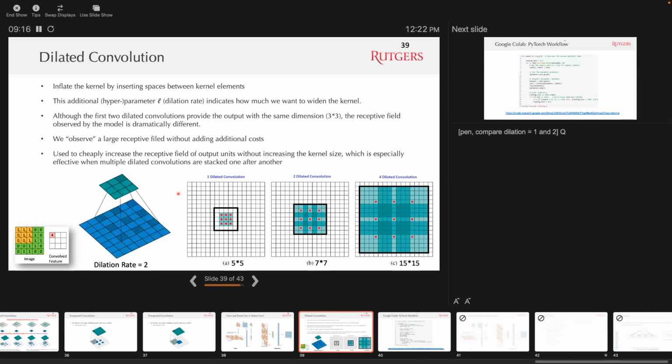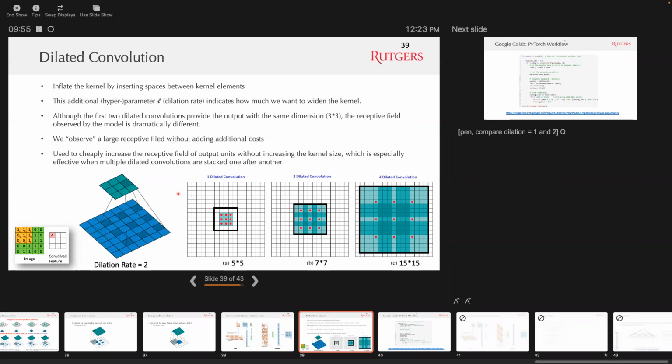So this is the traditional convolutional layer, but dilated convolution is a little bit different. They dilate or inflate the kernel by inserting more space between the kernel elements. There's an additional parameter here called the dilation rate. If the dilation rate is 2, then you inflate the kernel by a ratio of 2. So let me bring up the pen here.